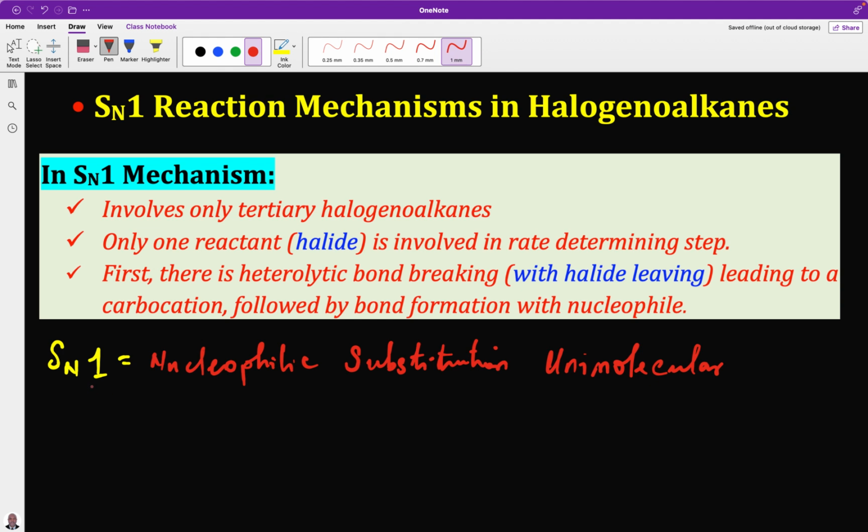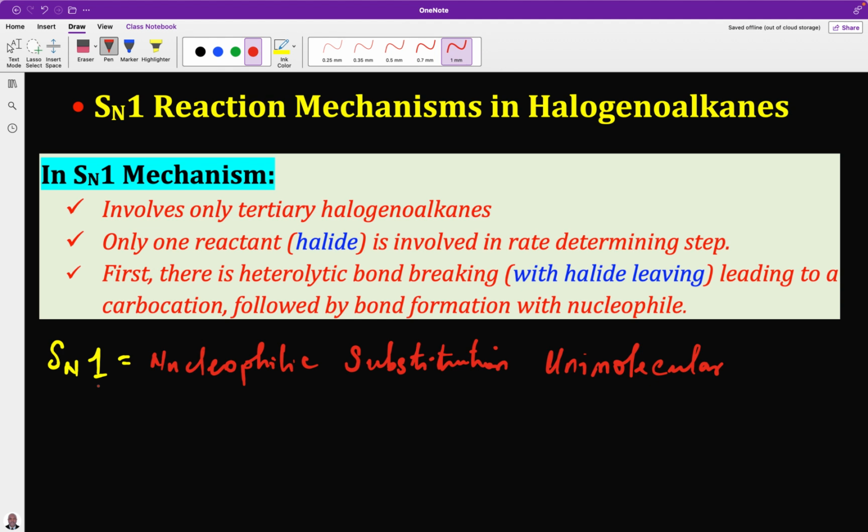SN1 indicates that only one reacting species is involved at the rate determining step, while SN2 indicates two. The rate determining step is the slowest step in a reaction.